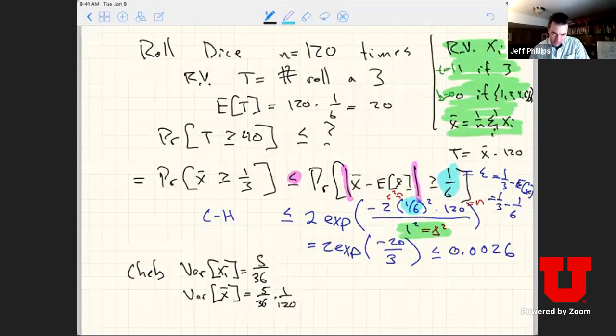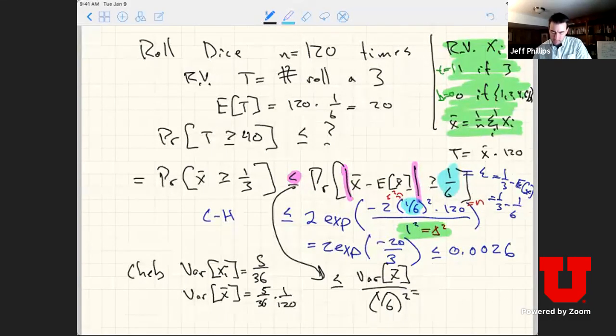Now this is going to be less than or equal to the variance of x bar divided by, in this case, 1/6 squared. This is 5/36 divided by 120 divided by 1/36. I'm getting some cancellation here, and so this will be equal to 5 out of 120, which, if I did this correctly, is about 0.042.